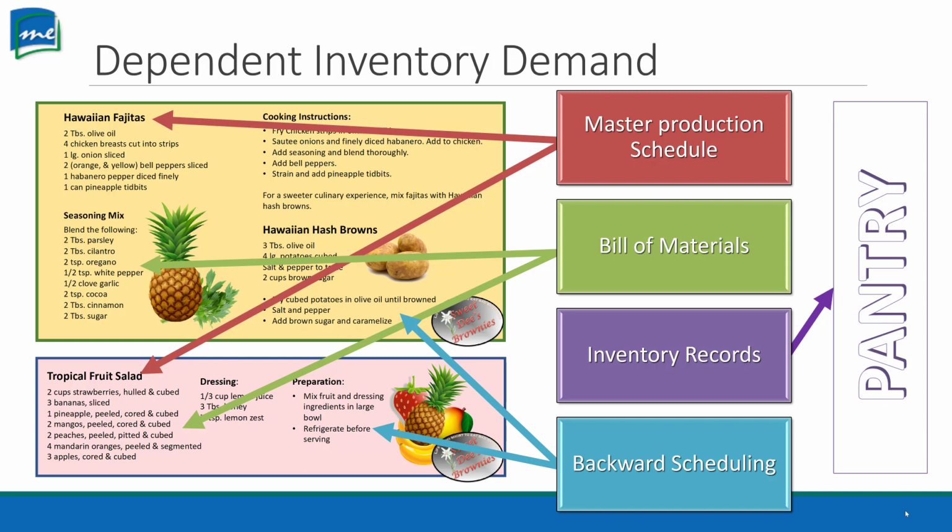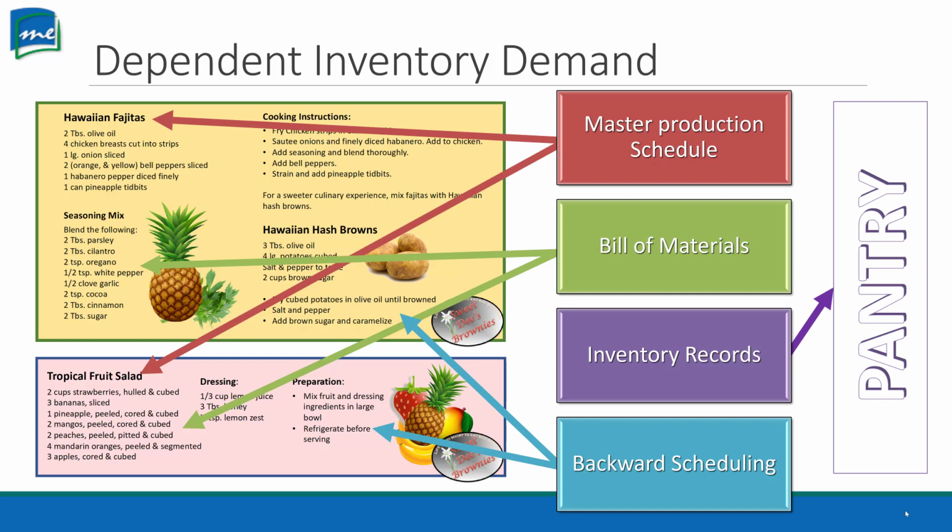For the Hawaiian fajitas, you're going to need parsley, cilantro, oregano, white pepper, garlic, cocoa, cinnamon, sugar, and so on. Tropical fruit salad, you're going to need strawberries, bananas, pineapple, mango, peaches, mandarin oranges, apples. You're going to need all this stuff.